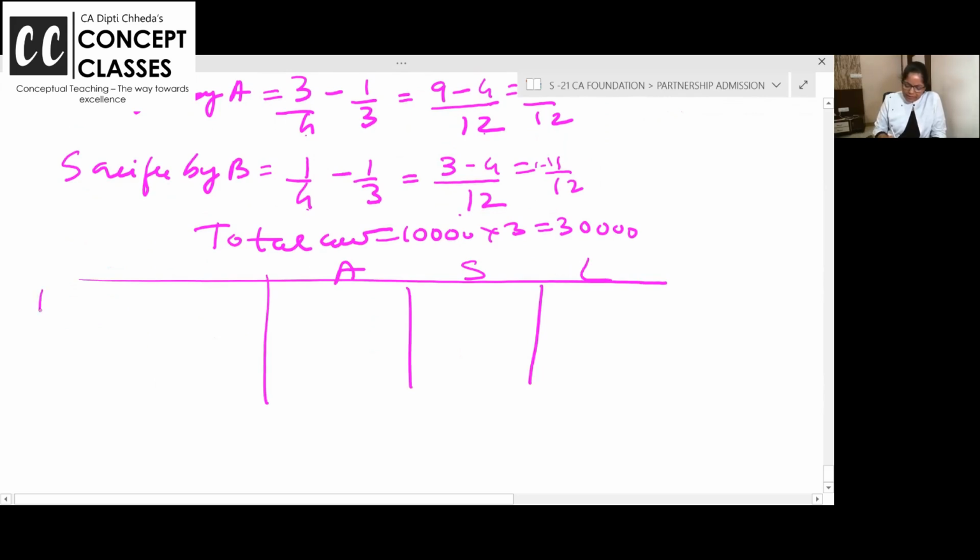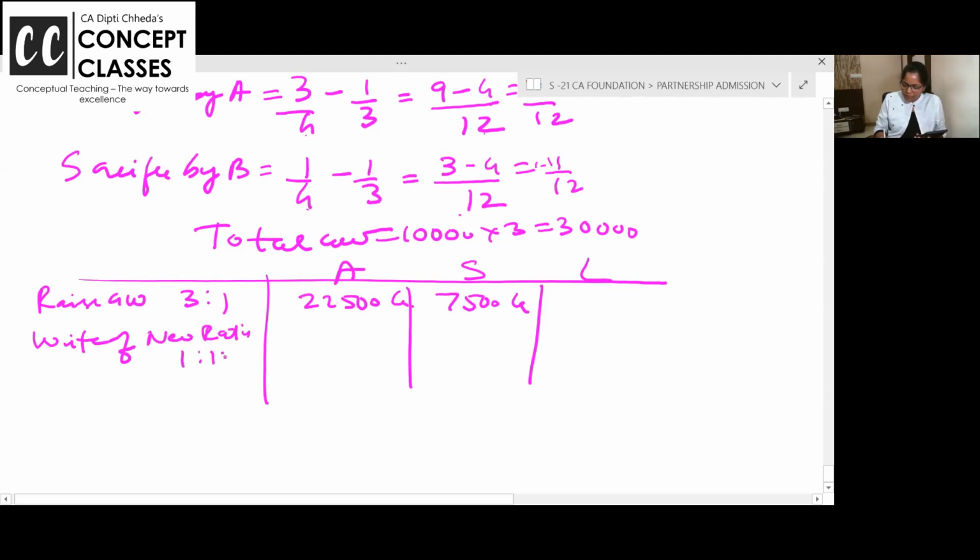Amit, Sumit, Lalit. Raise goodwill in old ratio 3:1. Credit 30,000 goodwill in the old ratio, into 3 divide by 4: 22,500 and 7,500 credit. Now write off in the new ratio, 10,000, 10,000 debit.